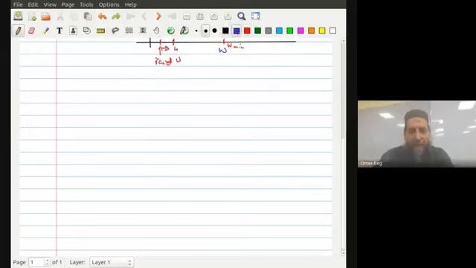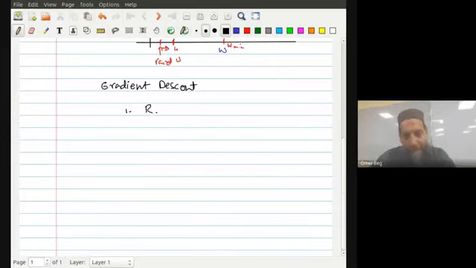So let me write down this algorithm in pseudocode. Gradient descent. Step one, randomly select a value for parameter w.